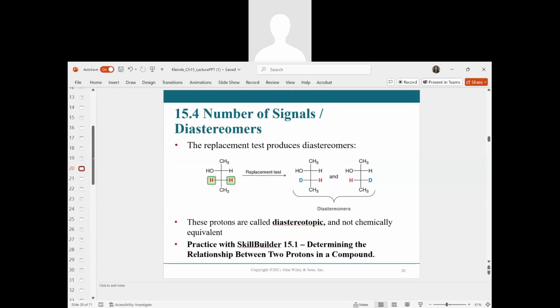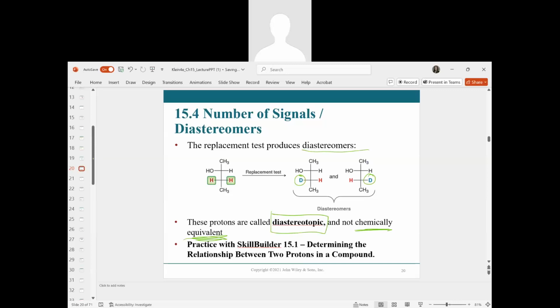So if our replacement test produces diastereomers, we could call those protons diastereotopic, and therefore these would not be chemically equivalent. So again, we can use that single replacement test, replacing one of those protons in question at a time.